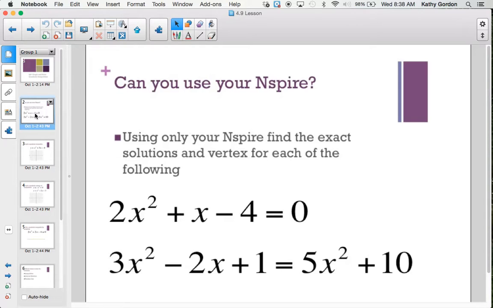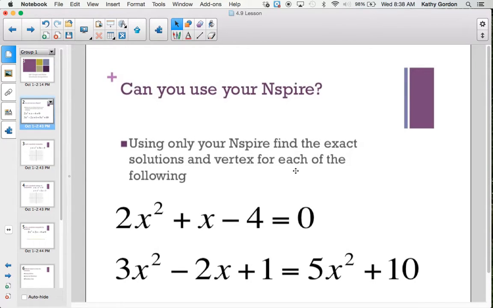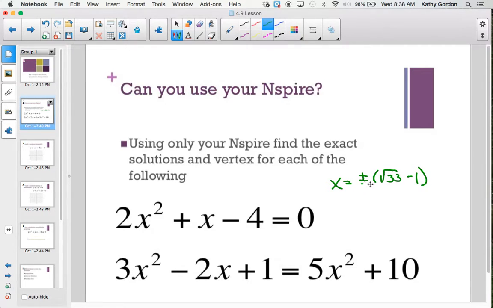William, what did you get for your solutions for this? X is equal to the square root of 33 minus 1, all over 4. Like that?